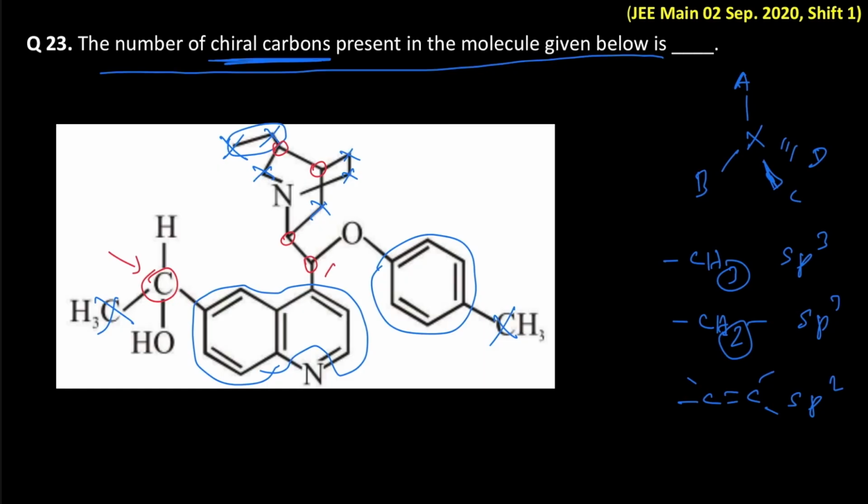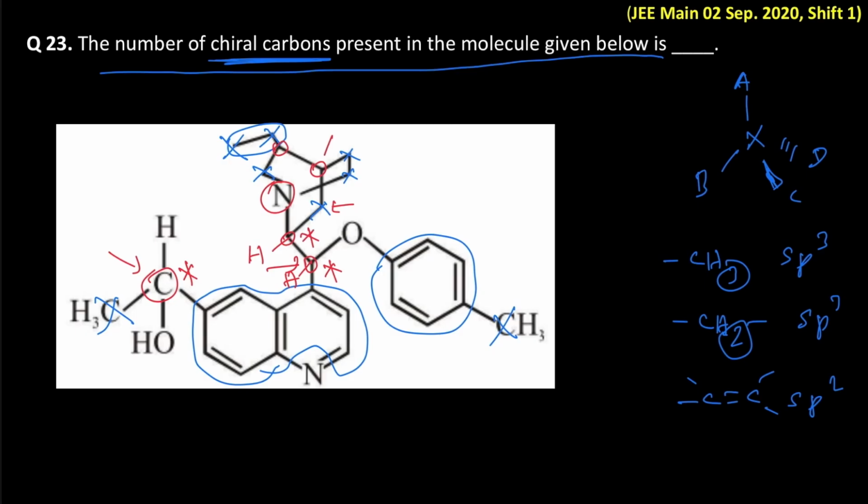So, therefore, this is also indeed chiral. Here also we have a hidden hydrogen that is connected to a nitrogen, and then CH2 on this side, and then CH on this side. So, therefore, this is also chiral.